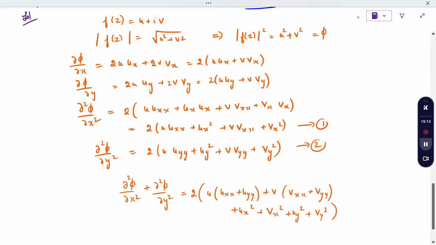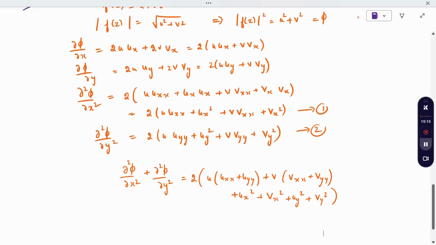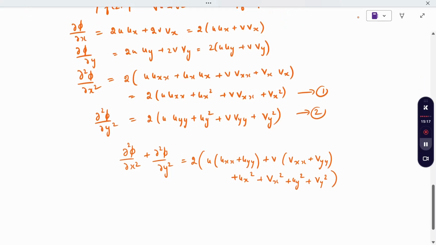So now uxx plus uyy is nothing but 0. Same way vxx plus vyy is 0. Why is it 0? The reason is it is a harmonic function.